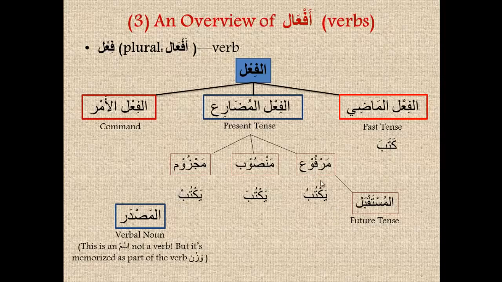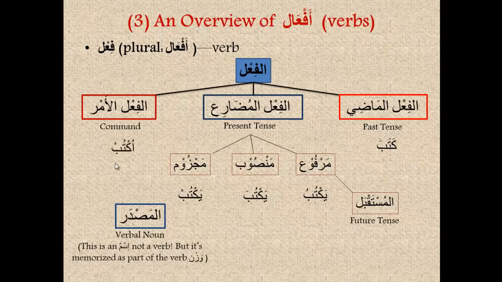Notice how these three verbs are very, very similar. In fact, they're nearly identical except for their case ending. Yaktubu with a dhamma, yaktuba with a fatha, yaktub with a sukun. And we will talk about why each type of mudari' takes the case ending that it does.